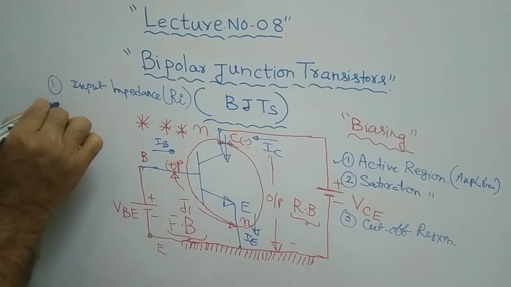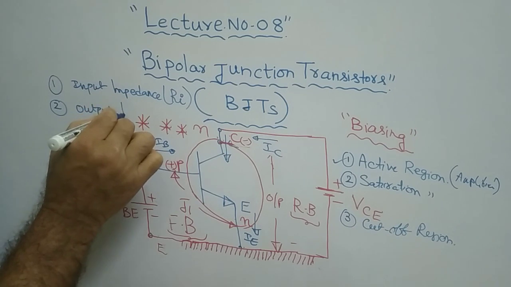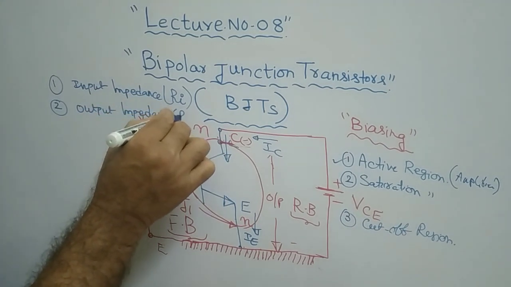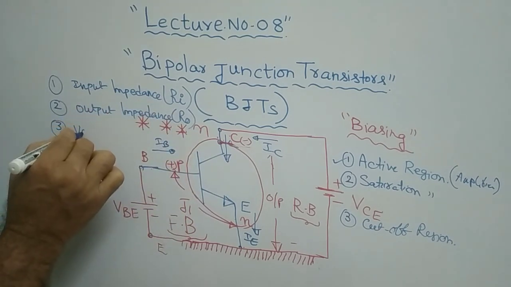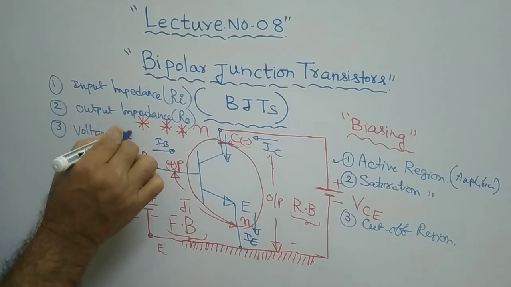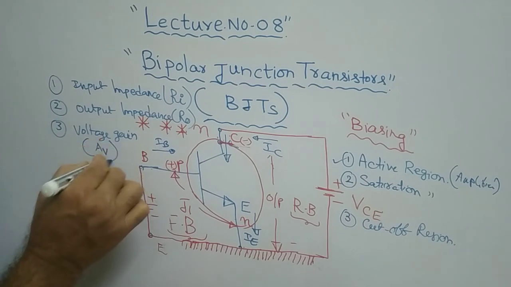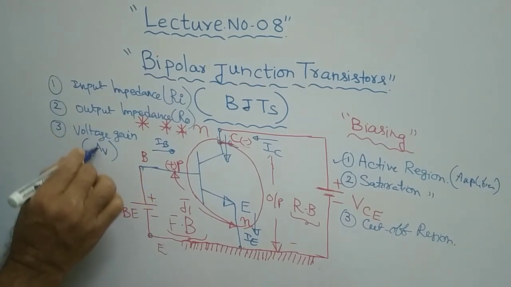The second is output impedance, R suffix naught. And the third one is voltage gain. Gain is represented by capital A, and as it is voltage, we write suffix v.